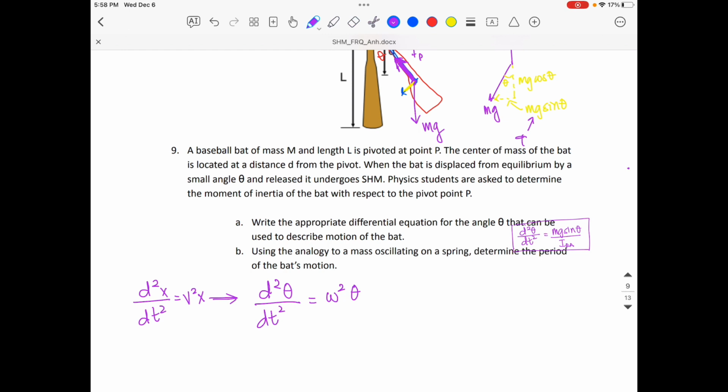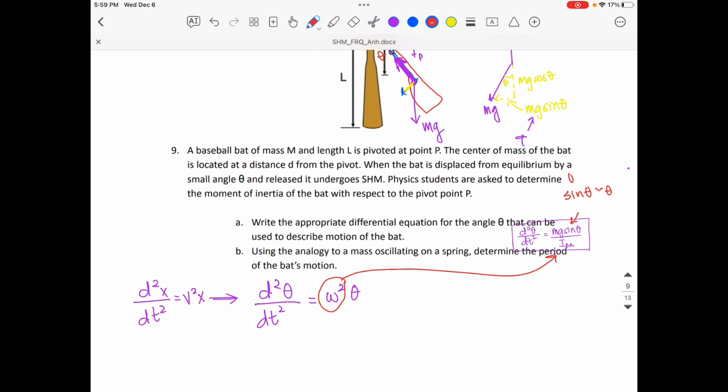but this time it's all in rotational form. So if I take this equation and relate it to this equation, then I know that I can pull out omega squared from that. The only problem is I don't have theta. And we did learn that because our angle is less than 15 degrees, that sine theta would be about theta.